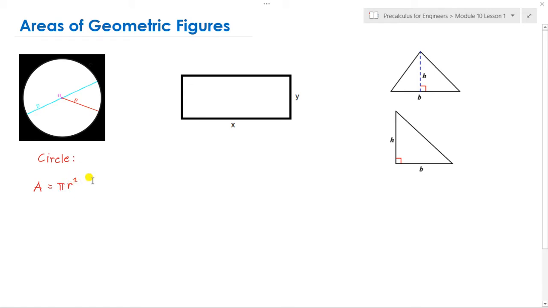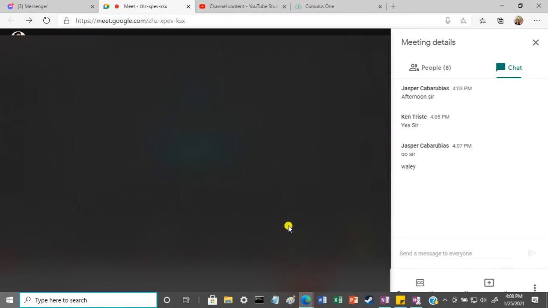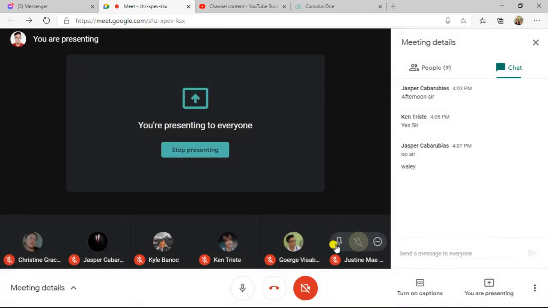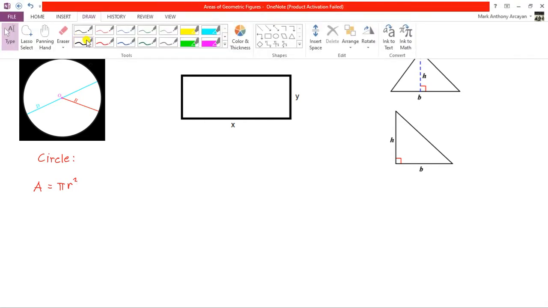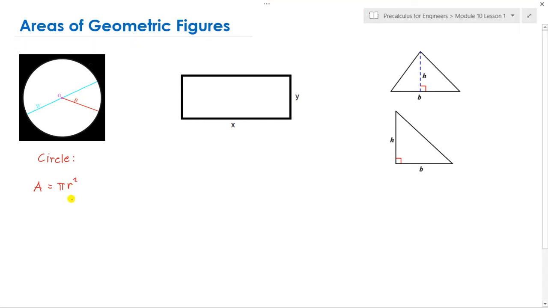Let's say we're given the radius of the circle. Then you can use the formula pi r squared. Another one, if given the diameter, what would the area be? We know that the diameter is equal to twice the radius, so the radius is half of the diameter.